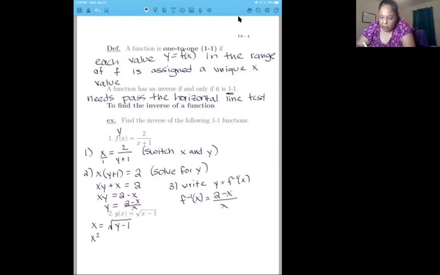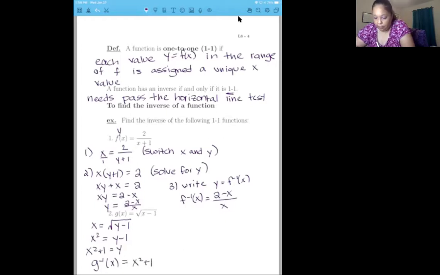I have x squared equals y minus 1. Then I'm going to add 1 to the other side. So x squared plus 1 equals y. And then I'm going to switch y to f inverse, and in our case it's g inverse because they named it g.